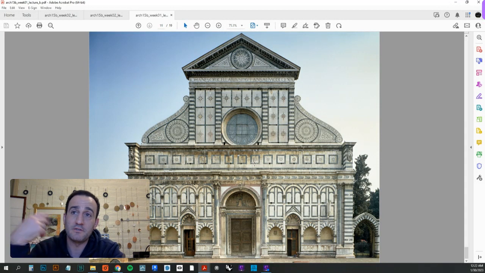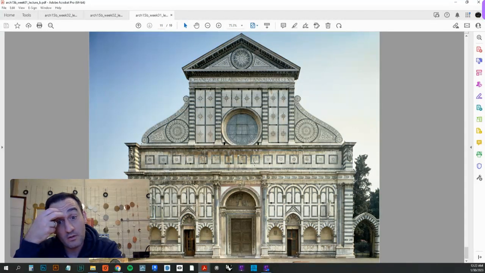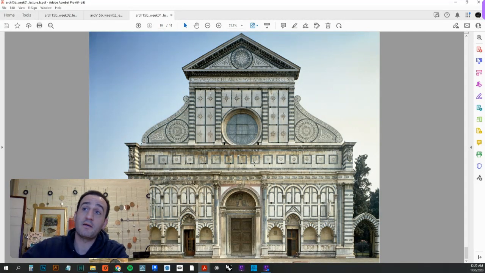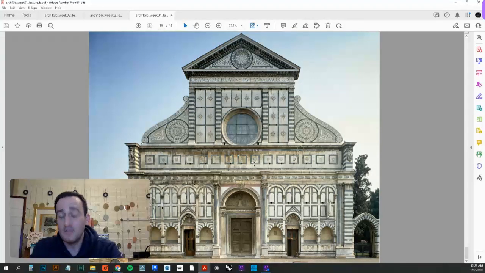So all'antica is basically what all Renaissance architects, artists, musicians are trying to do, which is basically take us back and pay homage to or make reference to the classical antiquity of the Greeks. Give us new, but have that newness, the creativity of the newness, founded in the classics.